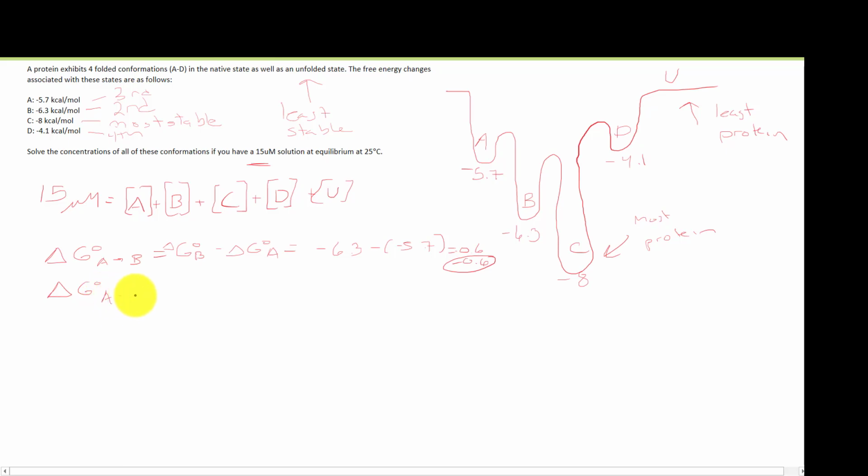I'm going to go from A to C. That's the delta G for C, which is negative 8, minus negative 5.7, which is our A free energy, and it's going to be negative 2.3.